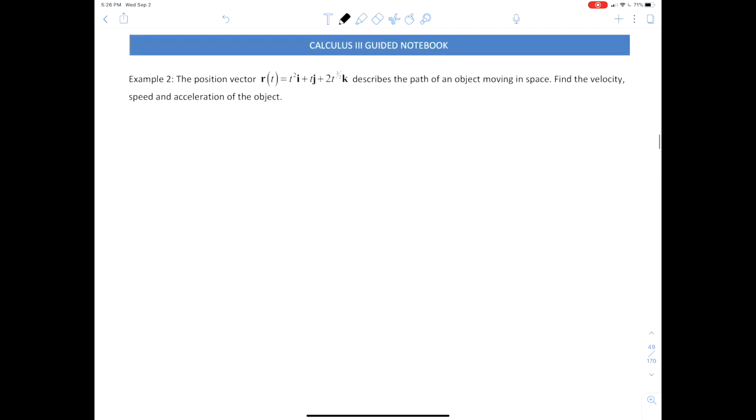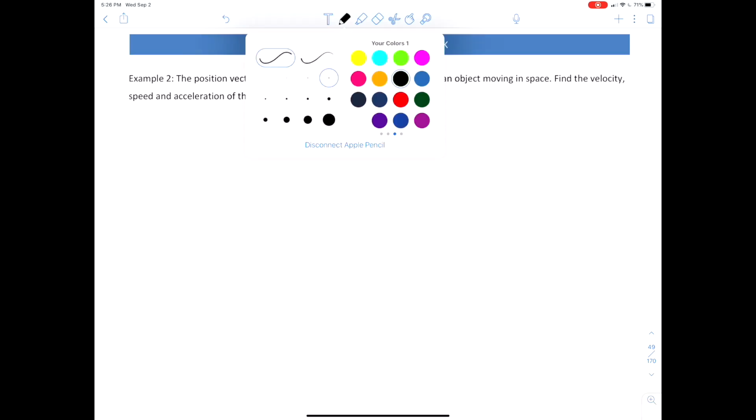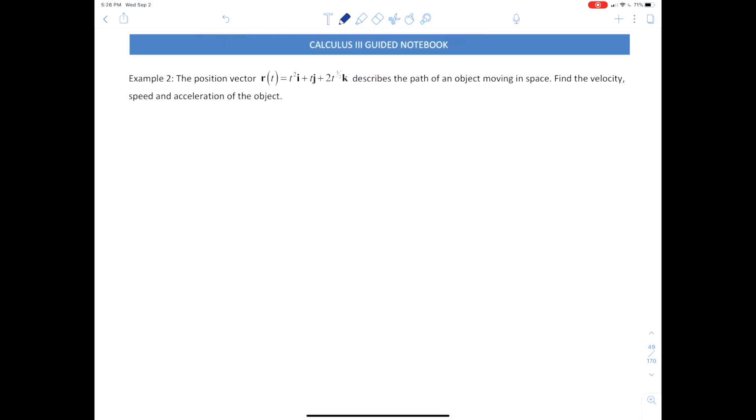Okay, so now, next example, the position vector r at t equal to t squared times i plus t times j plus 2 times t to the 3/2 times k describes the path of an object moving in space. We want to find the velocity, speed, and acceleration of the object.